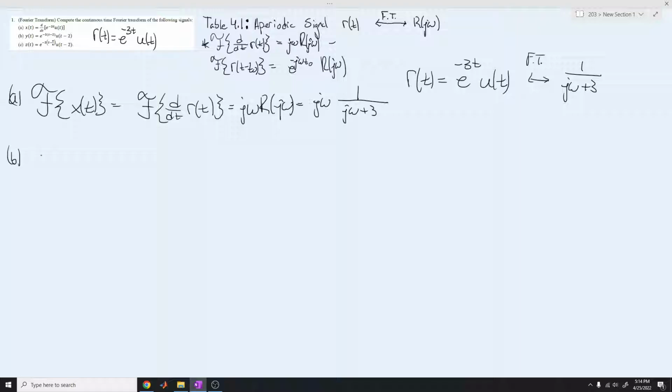Now for B, we want the Fourier transform of y of t, and that's equal to the Fourier transform of a time-shifted version of r of t, and it's being shifted by 2. So using this property right here, first let's define t naught.